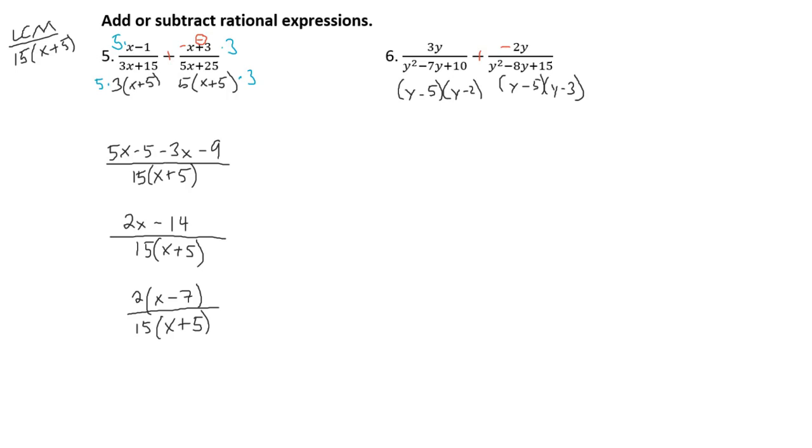So my LCM for this one, or LCD, would be y minus 5, y minus 2, y minus 3. So I need to multiply this left side by a y minus 3. And I need to multiply the right side by the y minus 2 that is missing.